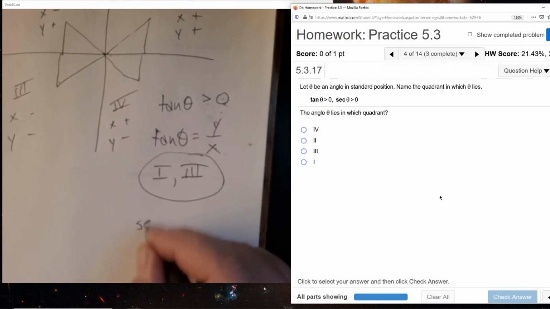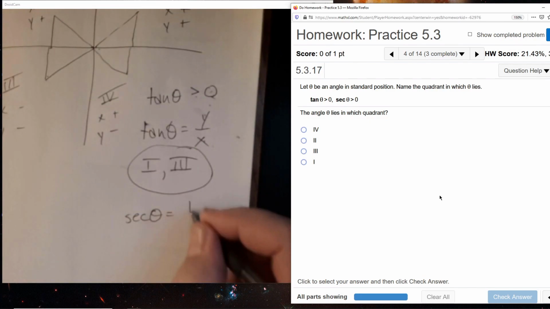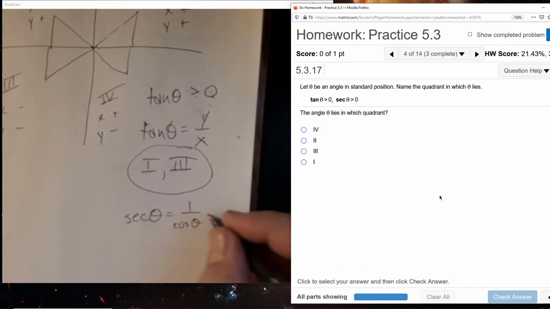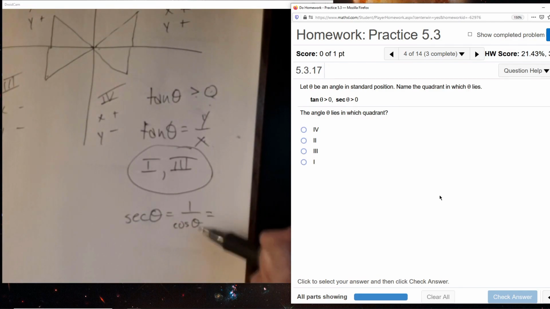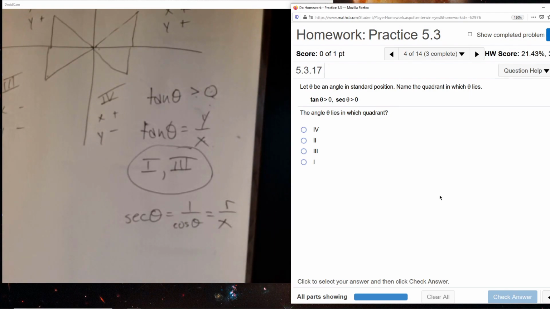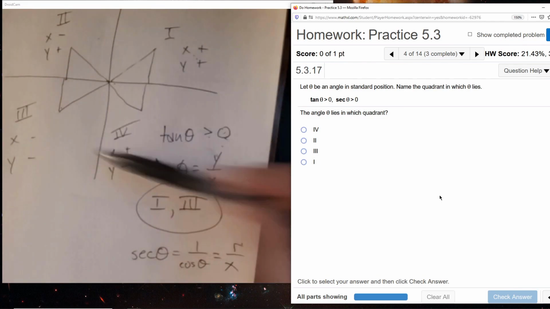Now what about secant? Remember, secant is the reciprocal of cosine, and cosine is x over r, and so the reciprocal of that is r over x. Now r is always positive. So to find when secant is positive, we just have to look at our x values.